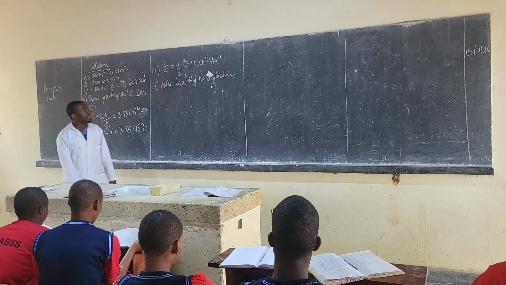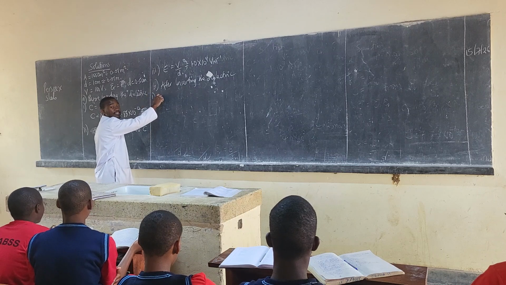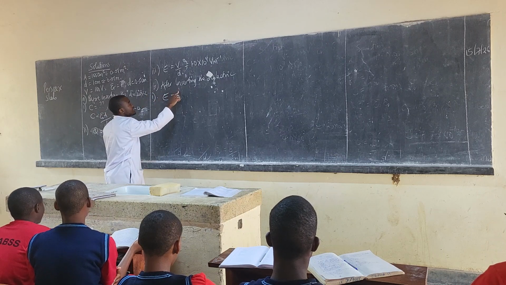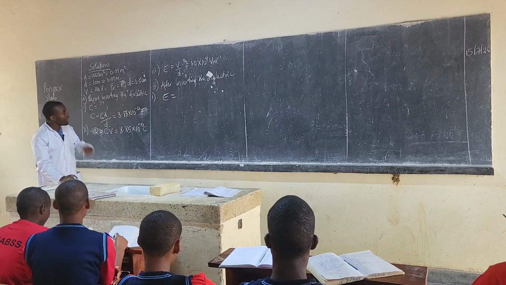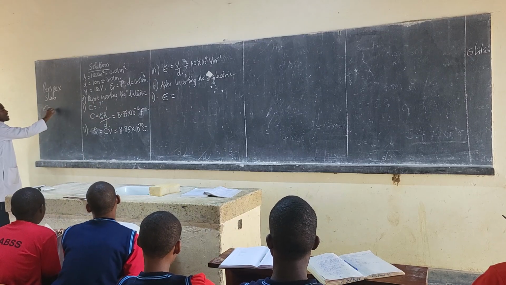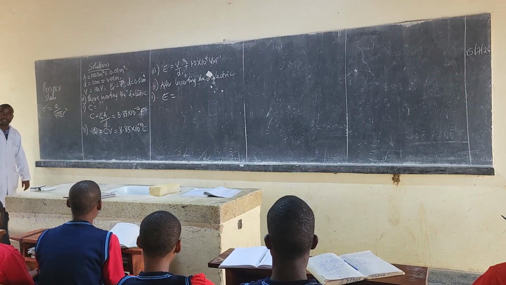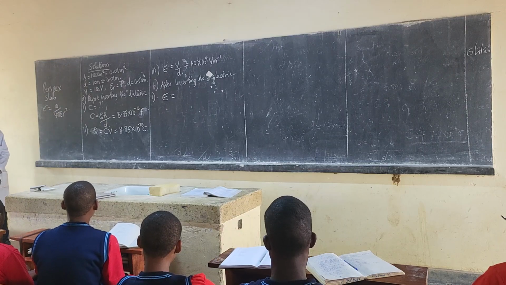So after inserting the dielectric, what do you want first? The electric field intensity. Now, electric field intensity, we can get it from E equals Q over 4 pi epsilon R squared. Are we together?